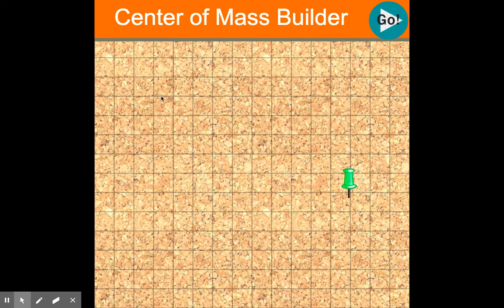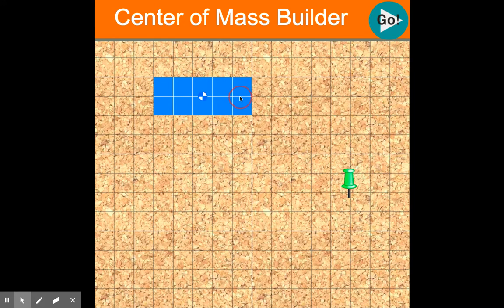Once you've opened that builder, pause the video and get to the builder if you have not. Once you get to the builder, you can drag across the screen to create any object or system of objects. The center of mass will change accordingly depending on the amount of mass that you have in the system.